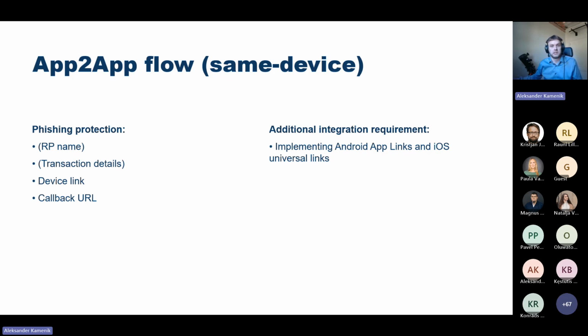And just a note, this has to be Android app links or iOS universal links, meaning links that start with HTTPS. You can't use URI schemes, which are links where the protocol name begins with a word that you define. So instead of HTTPS, it's like my app or something like this. It must be HTTPS. These technologies are a bit more secure.